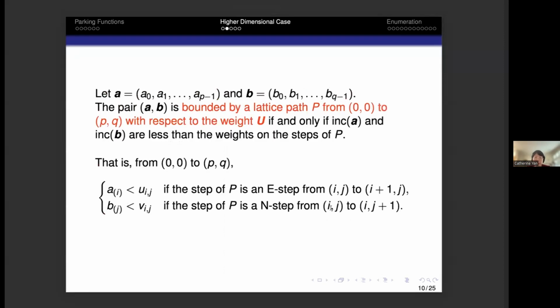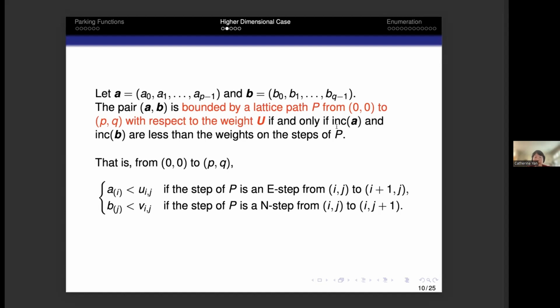The most important concept is that the pair of integer sequences is bounded by a lattice path from the origin to (p,q) with respect to the weight u. What do we mean here? We're given a pair of integer sequences. First, consider their order statistics, so arrange both sequences from small to large.